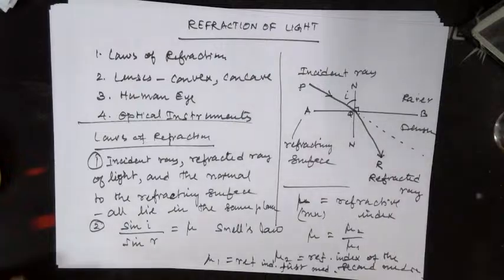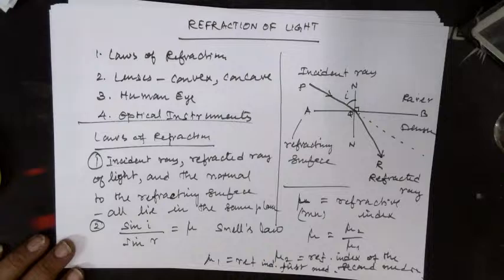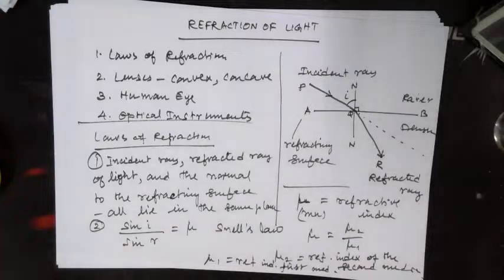When light travels from denser medium to rarer medium, the refracted ray is bent away from the normal.